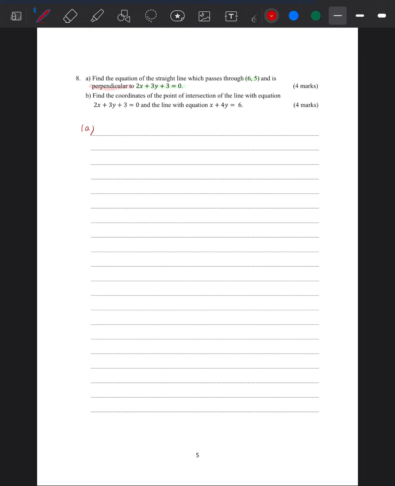So perpendicular, what do you know about perpendicular? It means that two slopes times together give you -1. So before that, this one here, we don't know what is the slope of it, because it is not in the form of y equals mx plus c.